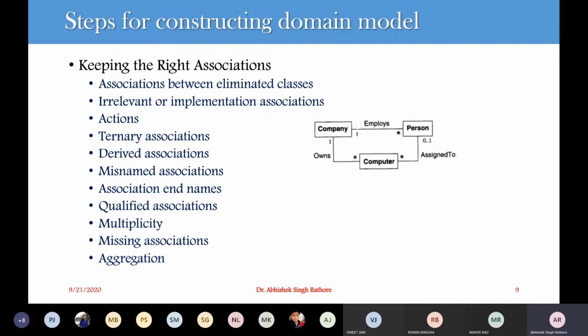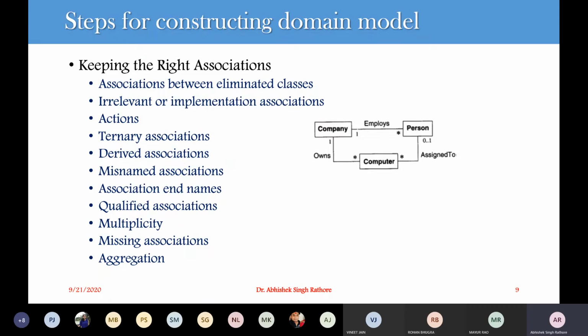So what is this? We are again going for, let's say, bidirectional association names that are associated with each particular association. Let's say we are having a class company and, let's say, person. So company employs a person when we are going in the direction from company to person.